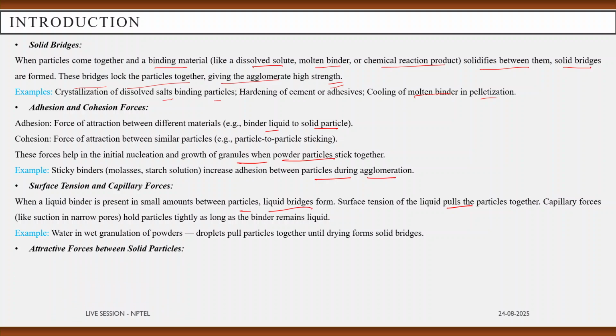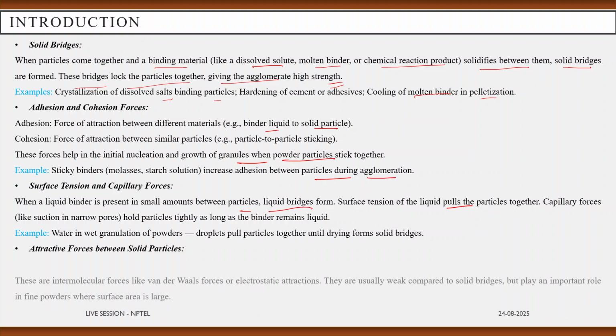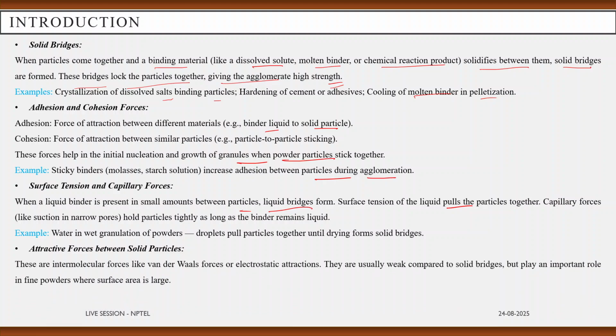And the last one is different attractive forces between solid particles. Now it depends on what kind of solid particle you are handling. It may be magnetic in nature, so there will be magnetic dipole interactions, or there may be different kinds of solid particles. So these are intermolecular forces like van der Waals forces or any kind of electrostatic attraction.